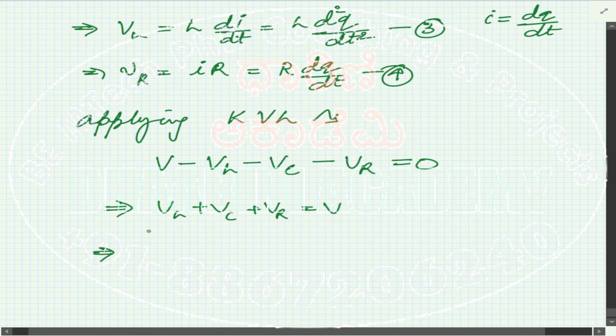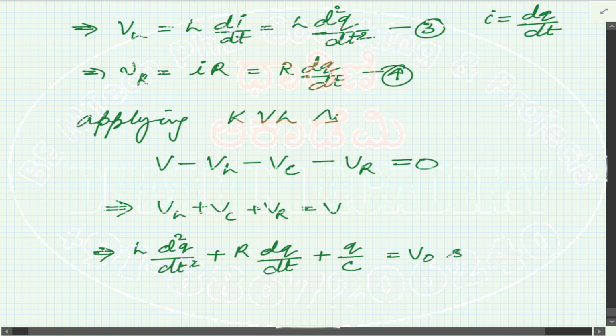This is now L into d square q by dt square plus R into dq by dt plus q by C is equal to V naught sine pt.